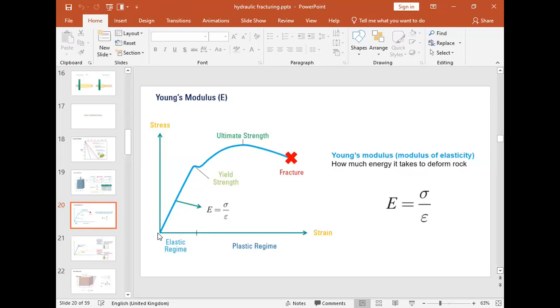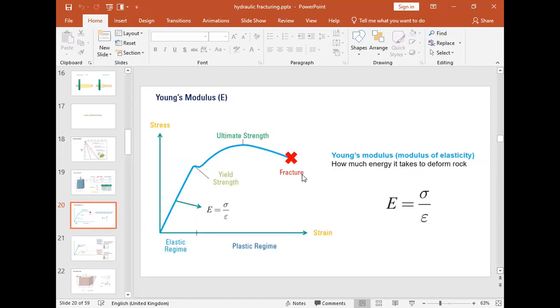So when the material is stressed right up to its yield point, or right up to its elastic limit, beyond the elastic limit, it doesn't obey Hooke's law again. You stress it, it will not go back to its original length. So we have our elastic regime, and then we have our plastic regime. And at the end of the plastic regime, the material fractures.